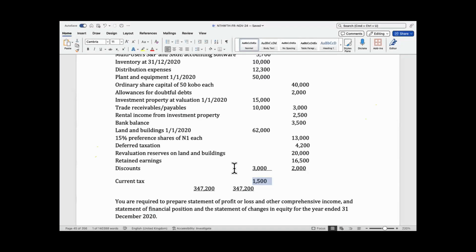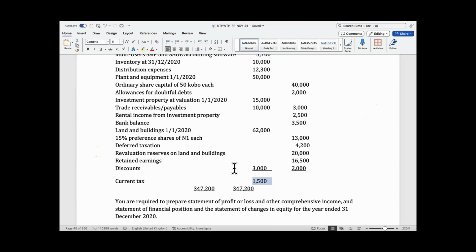And we have to adjust it with this 1.5 to get the actual current tax for the current year that will apply in the profit or loss account. Okay. That's a good trial, but no.